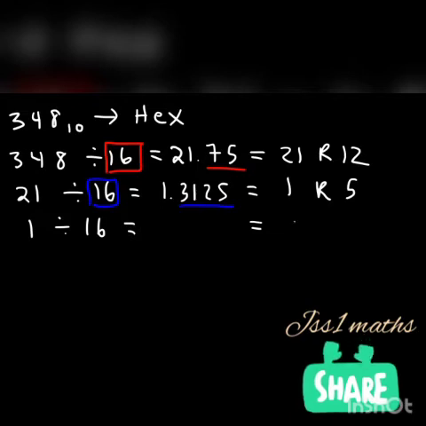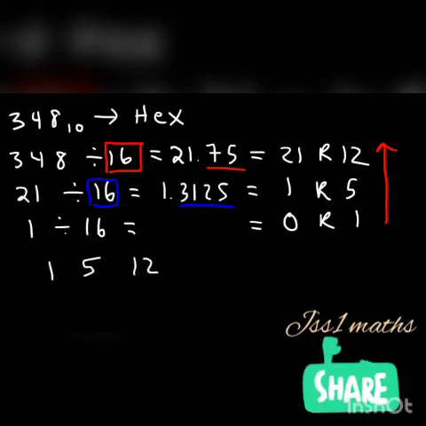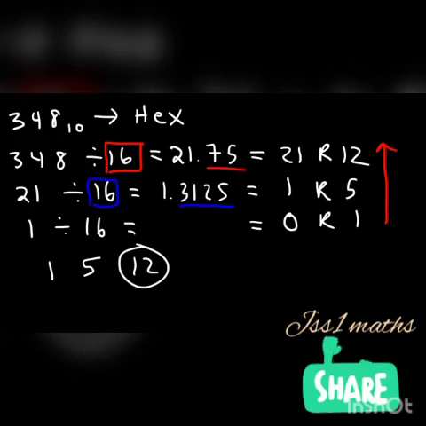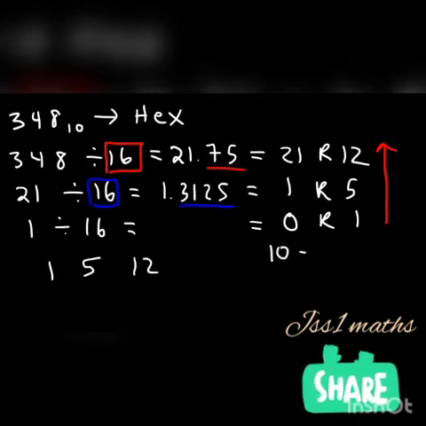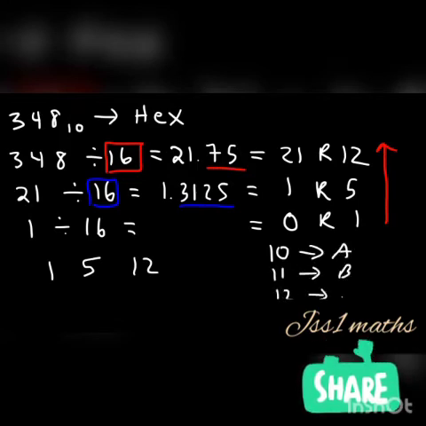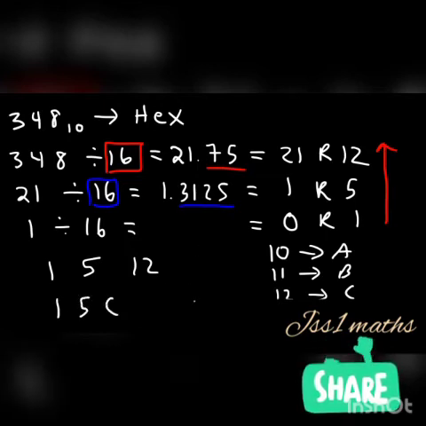So 16 goes into 1 0 times with a remainder of whatever you see here. In this case, a remainder of 1. And so we're going to read it this way. So we have a 1, a 5, and a 12. Now 12, because it's larger than 9, we need to convert it to a letter. So remember, 10 corresponds to A, 11 corresponds to B, and 12 corresponds to C. So it's 1, 5, C. So therefore, we could say this.